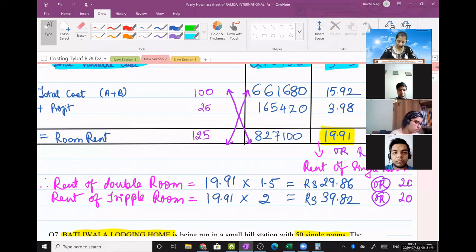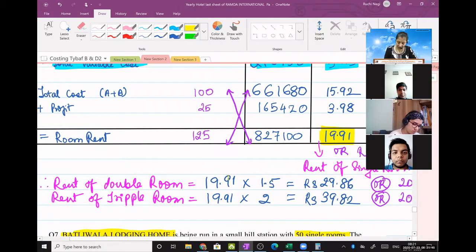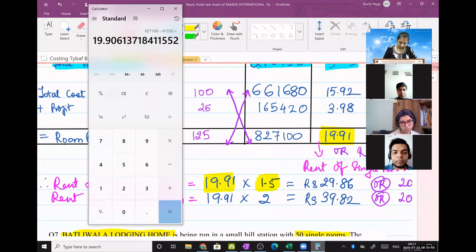So how much is my single room rent? 19.91. And they have said double room is 1.5 times the single room. So 19.91 multiplied by 1.5, my answer is 29.86.